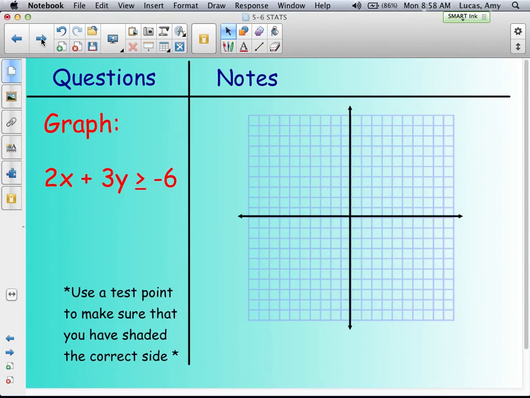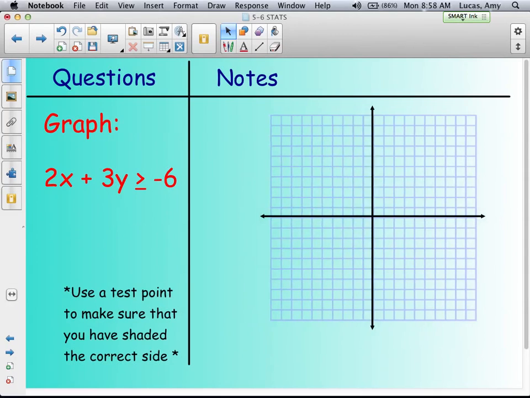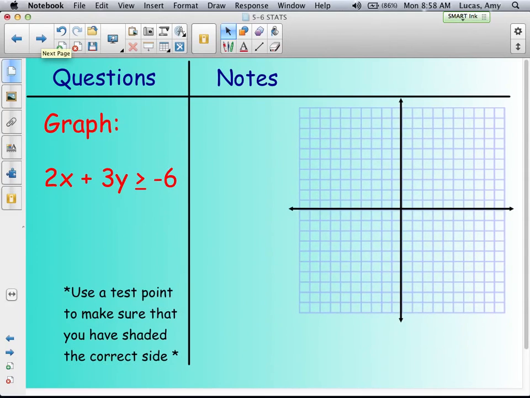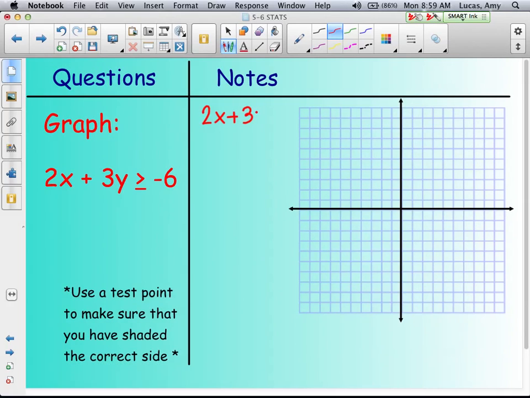The next example. Okay, this one's a little bit trickier because our equation is starting out in standard form. So we need to do a little bit of rewriting first. So if I rewrite this to get the y by itself, we learned how to do this in chapter 2 and in chapter 4.